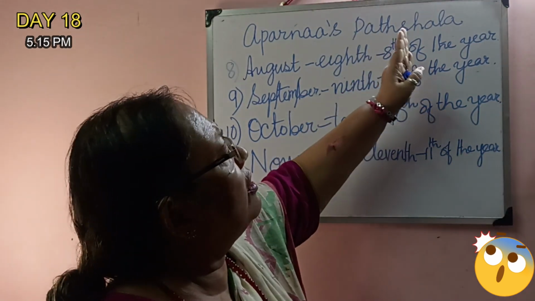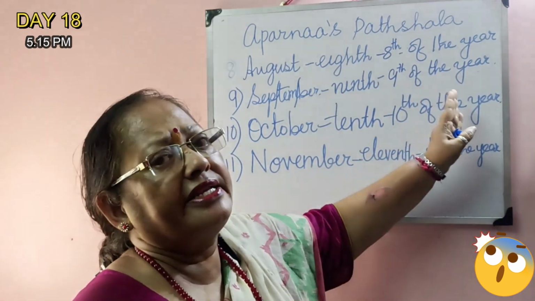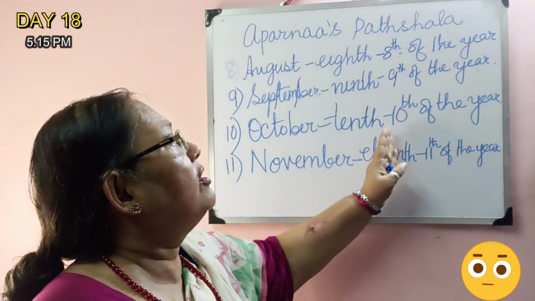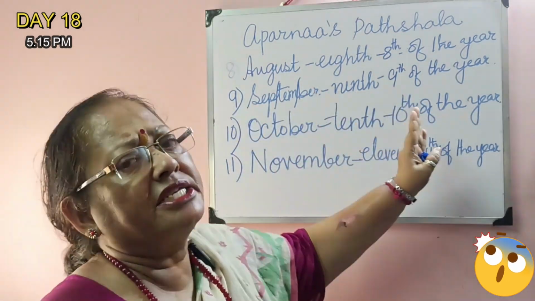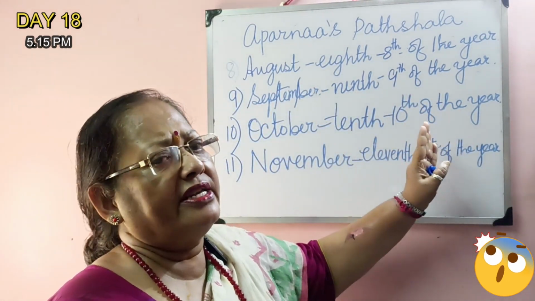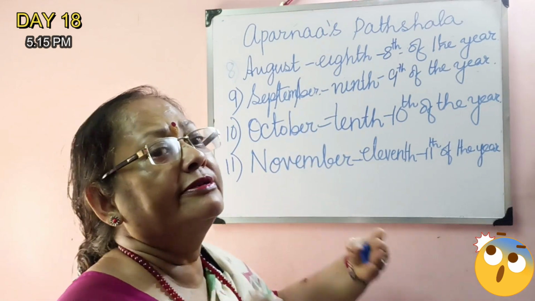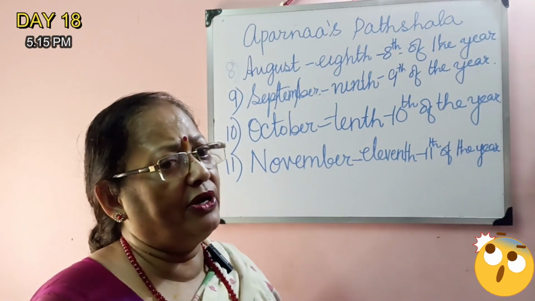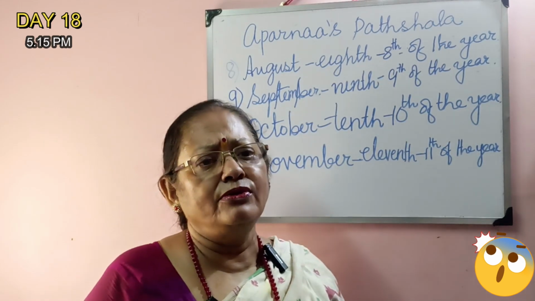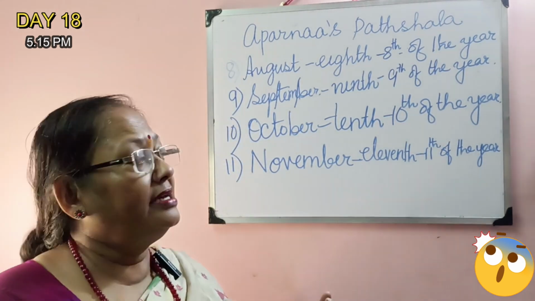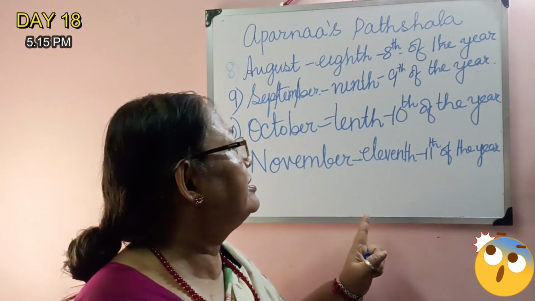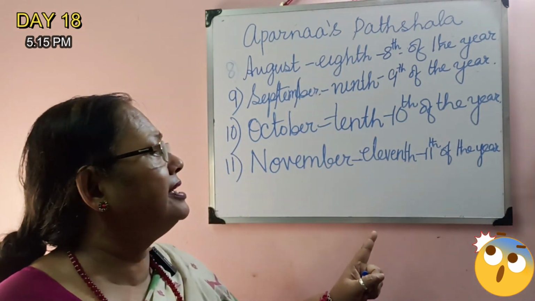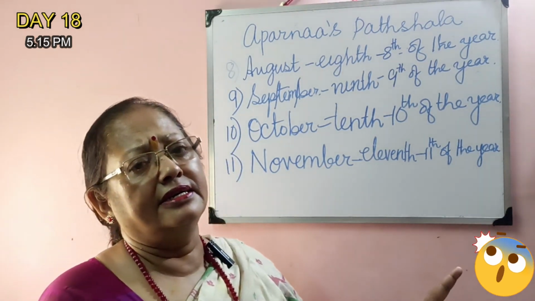I am not writing the word month because there is a space problem. My board is very small, but I am saying it verbally and you keep it in your CPU. Where is our CPU? In the brain. So November is the 11th month of the year.